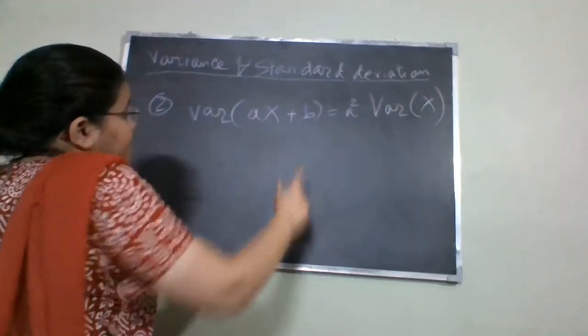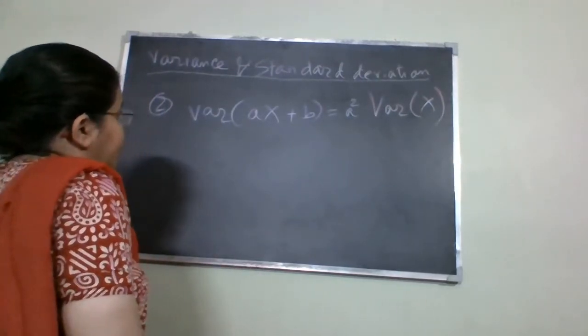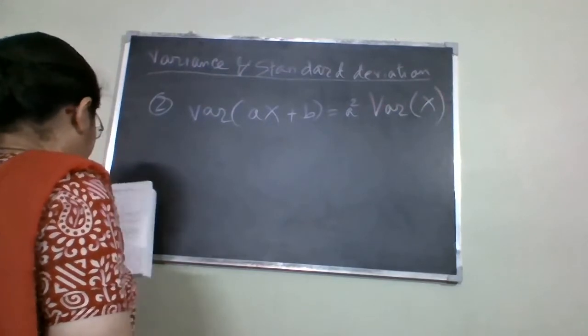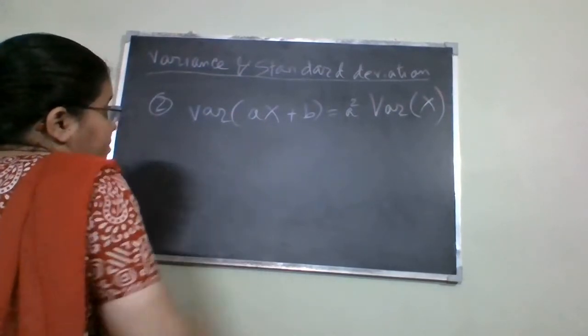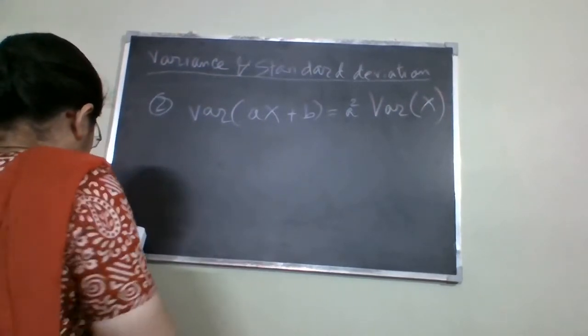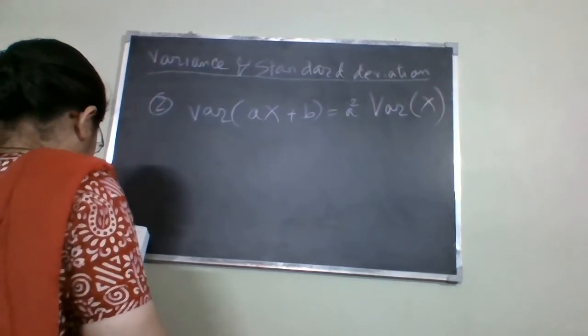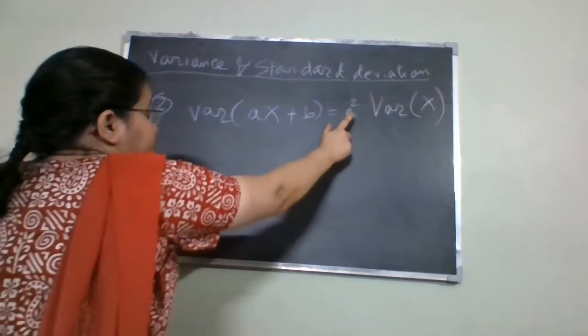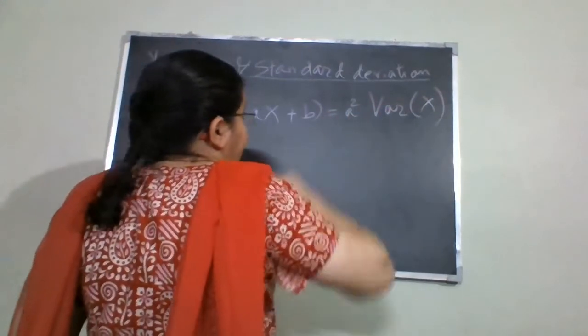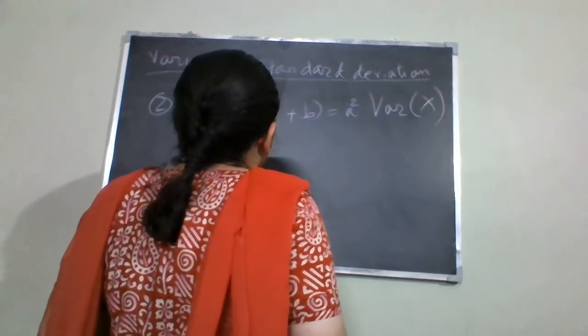Var(aX plus b) is equal to a squared Var X.